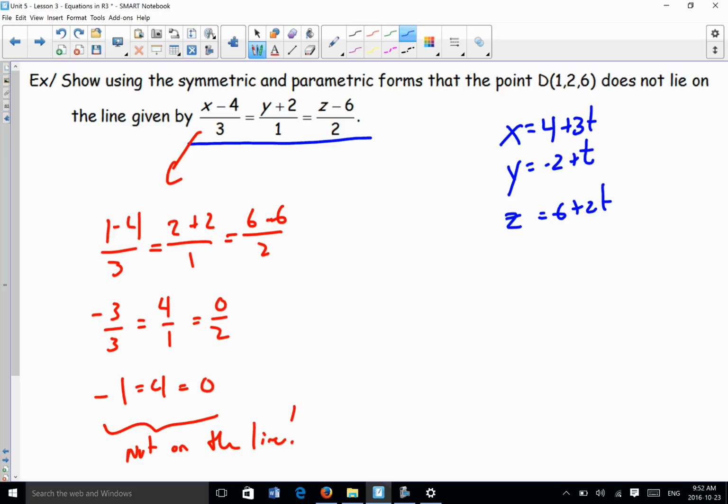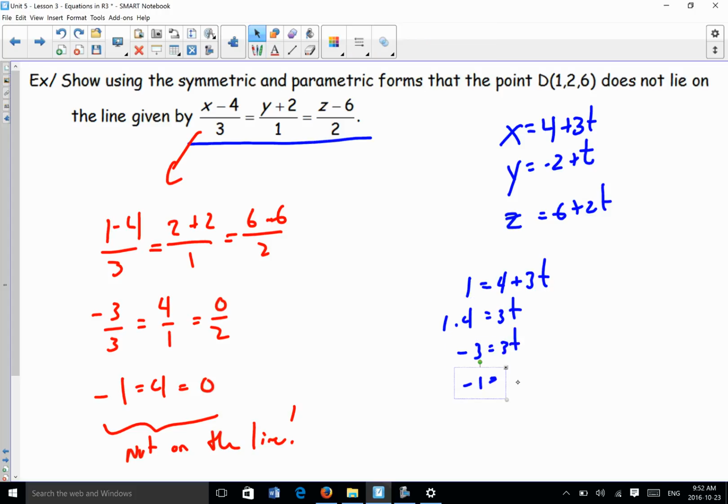If we use the parametric version to do the same thing, I'm basically solving for the parameter, right? I'm saying, okay, what happens to t, which is kind of what we did when we did symmetric. So 4 plus 3t, I put the x in. 1 minus 4 is 3t, negative 3 is 3t, negative 1 is t. If I try the y one, we get 2 equals negative 2 plus t.